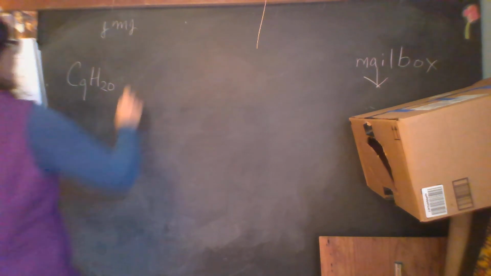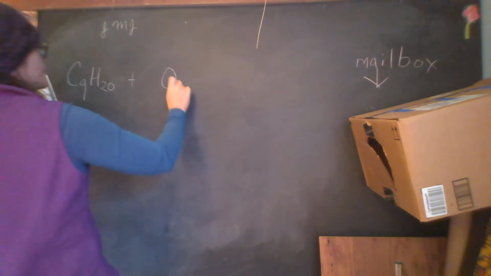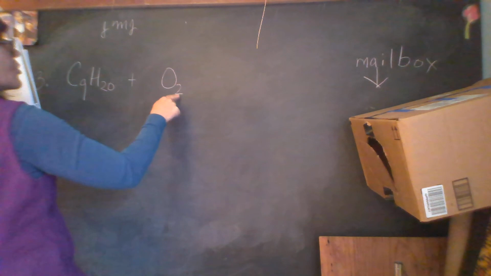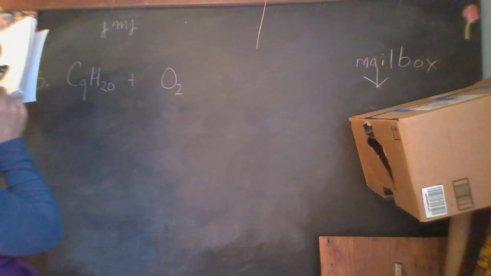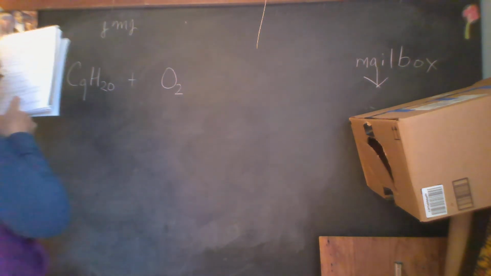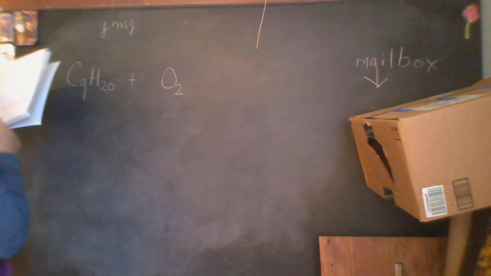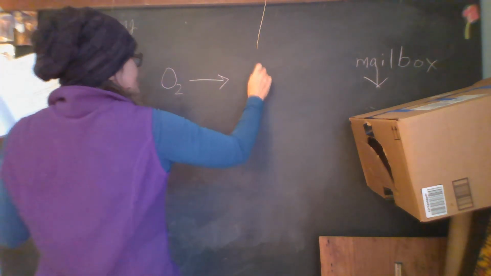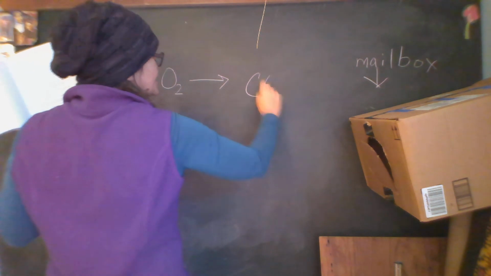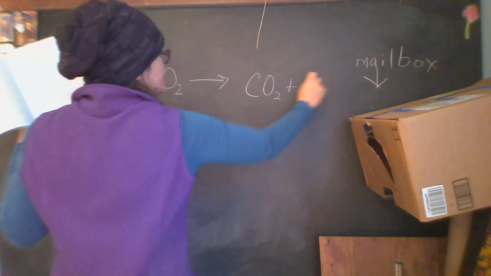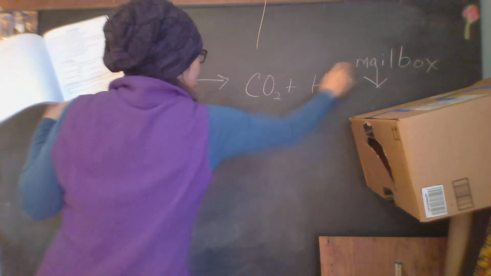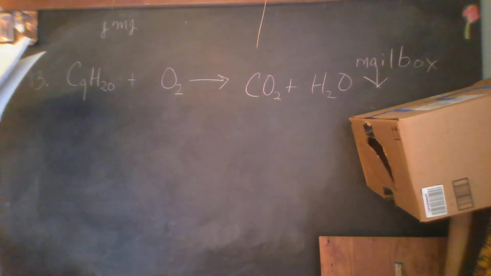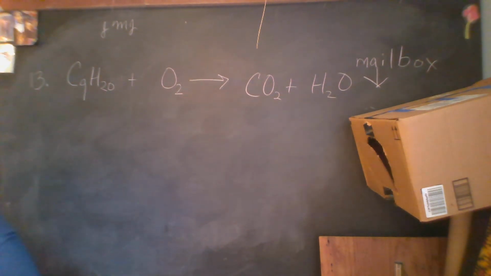When it reacts with oxygen, oxygen is O2. And it yields carbon dioxide and water. Carbon dioxide is CO2 and water. Write the balanced chemical equation.